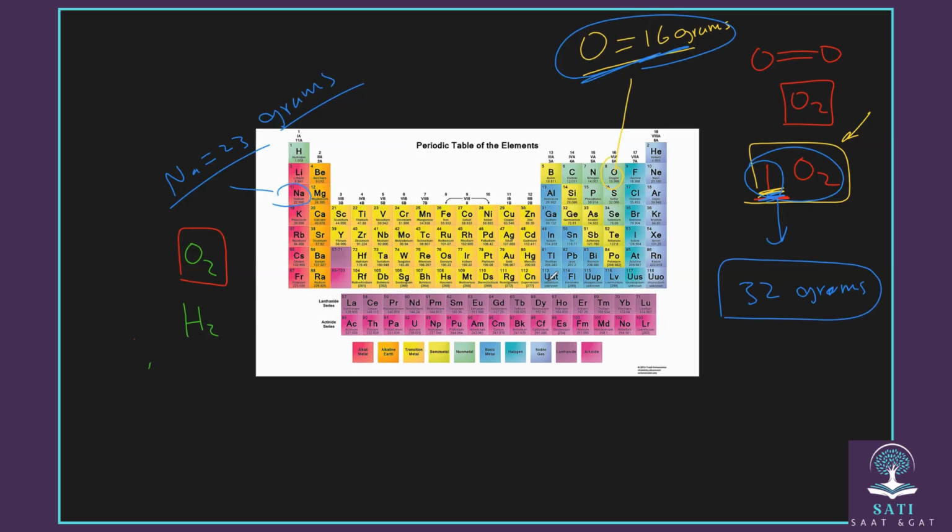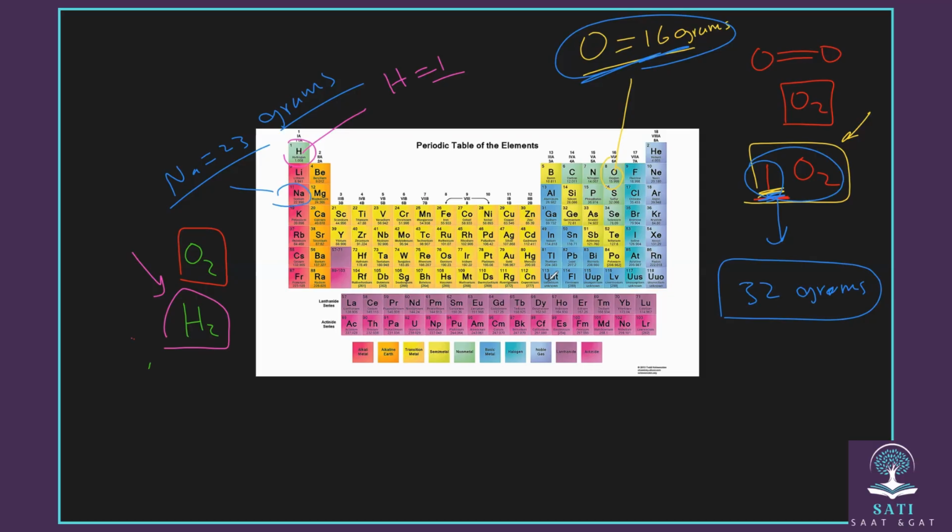Same thing for hydrogen. If you see hydrogen on the periodic table, it is 1. And 1 represents the molar mass of a mole of hydrogen atoms. So when they tell you H2, what is its molar mass? In this case, they are talking about the molecule of H2. We deal with H2, O2, F2 as molecules since this is how we find them in nature.